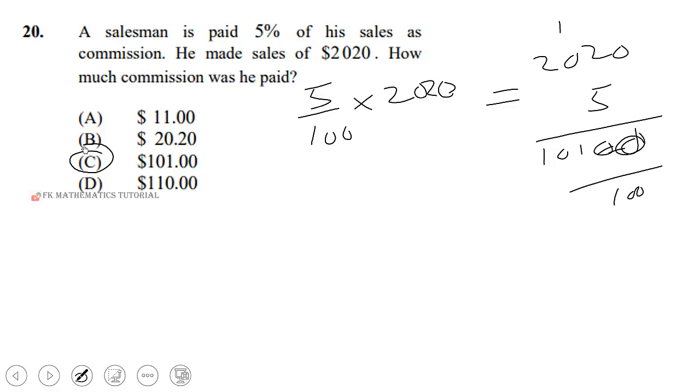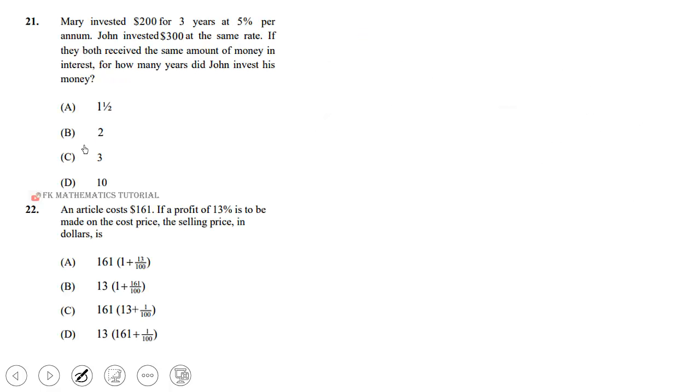Okay, so we have question 21 here. Mary invested $200 for 3 years at 5% per annum. So Mary's investment will be $200 at 5% interest for 3 years, so times 3 times 5 over 100. That will be the interest.